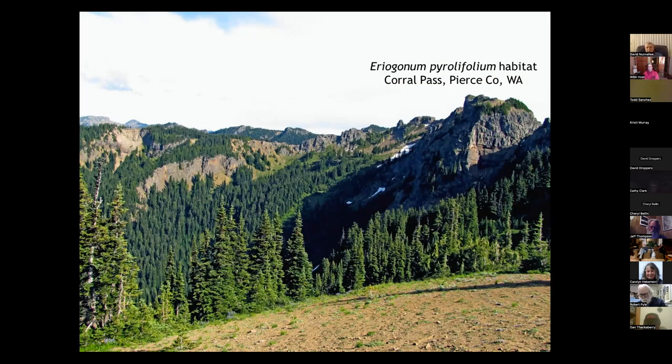But anyway, the bald area at the bottom of the picture is an area where pyrolifolium plants grow in substantial numbers. And that was one area that I was watching to see if I could find any blues on it. I never did find blues there. However, Merrill Peterson has found blues, and these are blues of the previous lupini type.